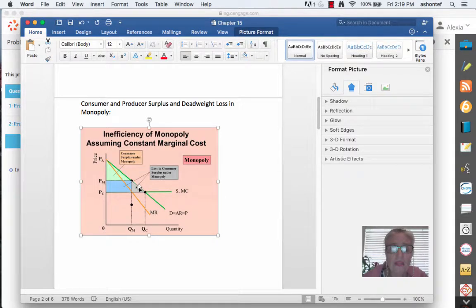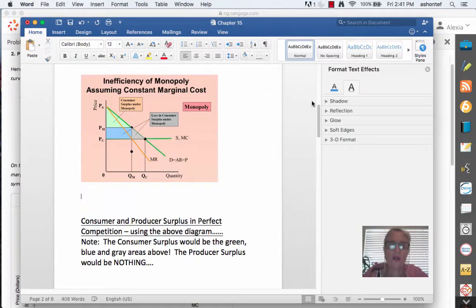So this whole area here is what we call our deadweight loss. And just quickly, using the same monopoly picture, we're going to look at the areas of producer and consumer surplus, but in perfect competition.